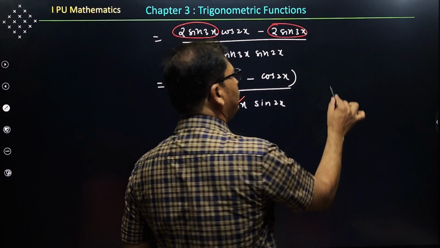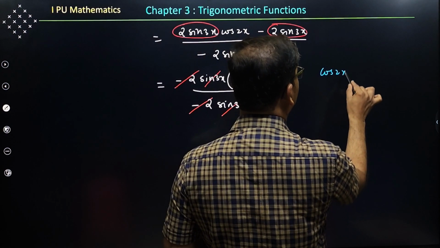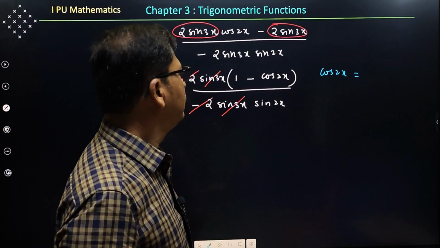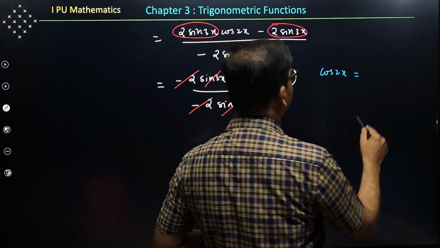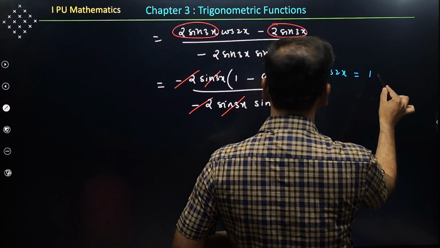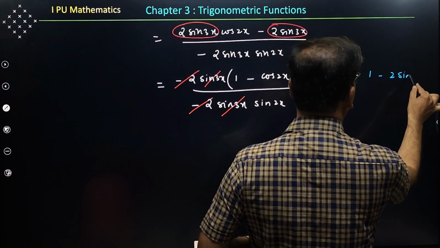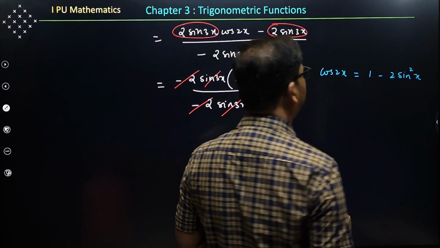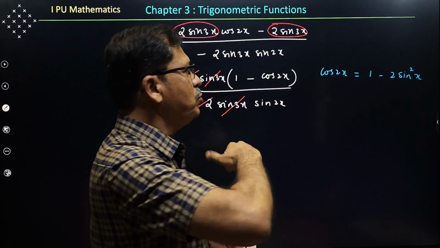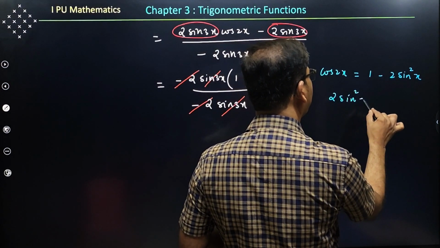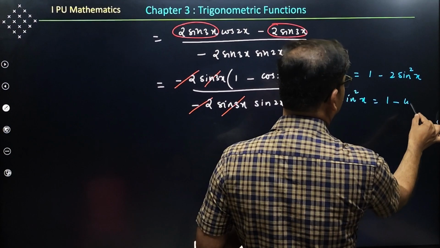Further, see here. You have a result like this: cos 2x is equal to 1 minus 2 sin square x. If you take minus 2 sin square x to this side, it becomes 2 sin square x is equal to 1 minus cos 2x.